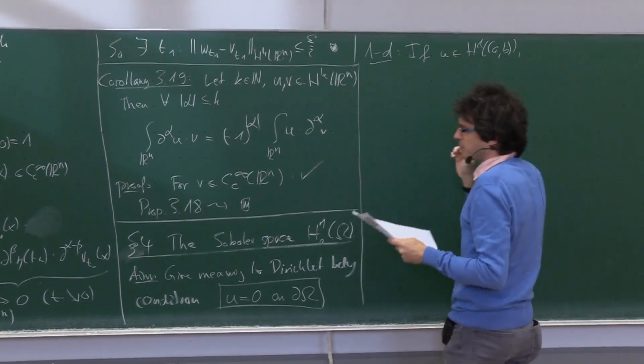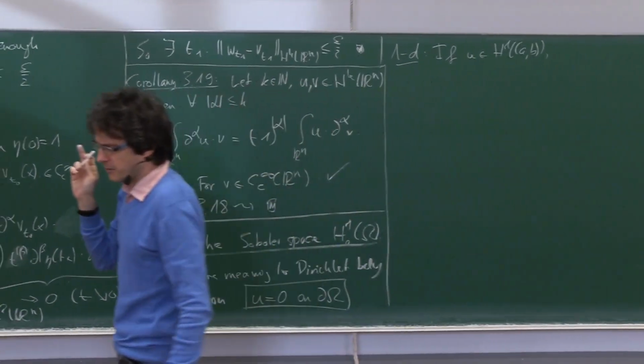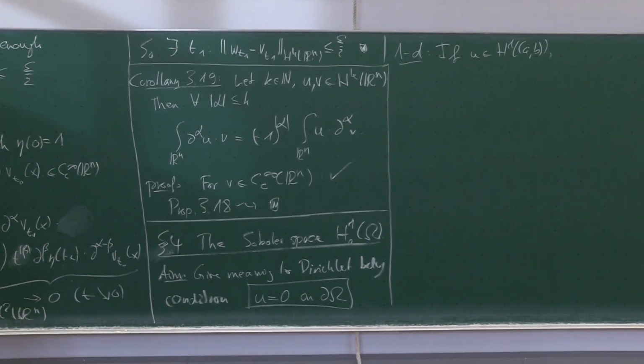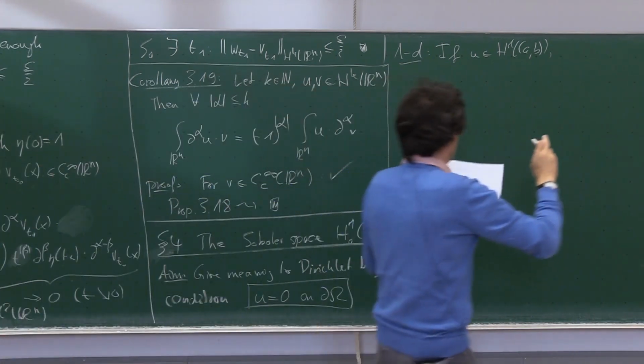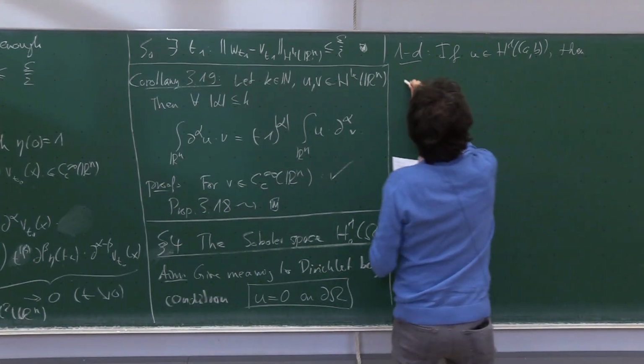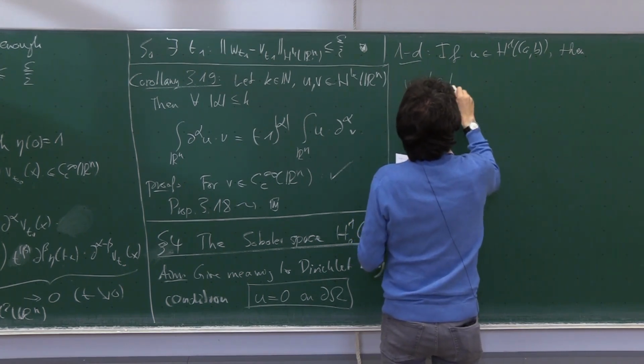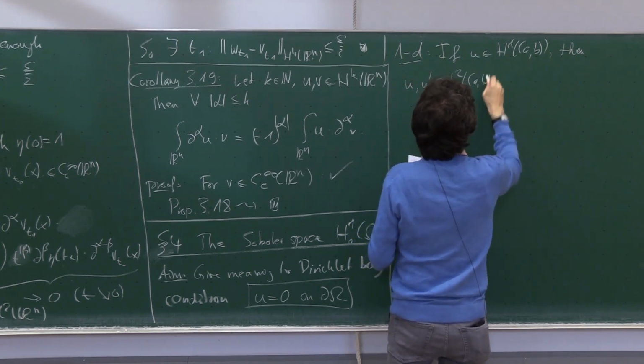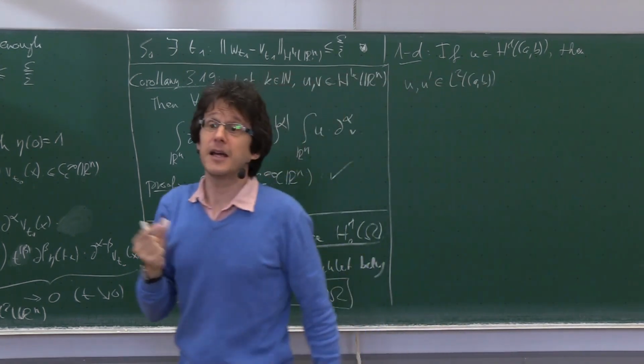then, okay, what we saw in the last lecture was that if you have a function u that is in L1 with a weak derivative in L1, then you have a continuous representative. Okay, we are in H1, this is L2, so L1, L2, let's see. But it works. If u is in H1, then u and u prime are in L2 of (a,b). (a,b) is a finite measure space.